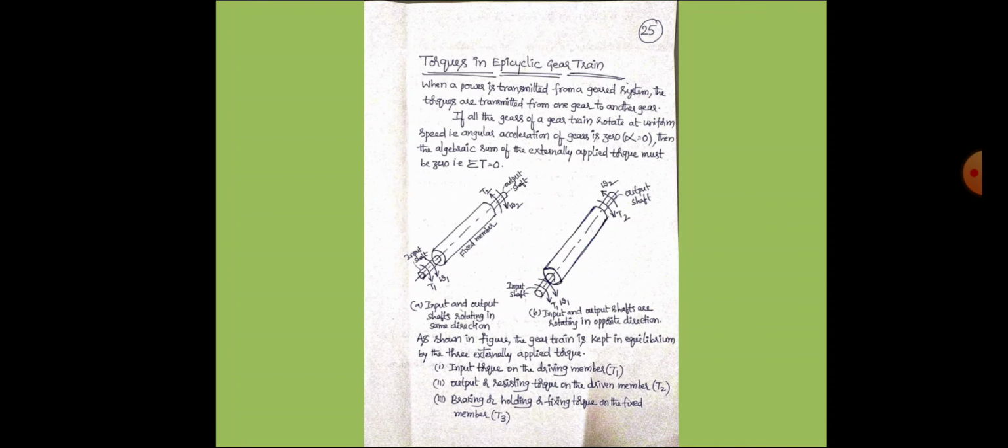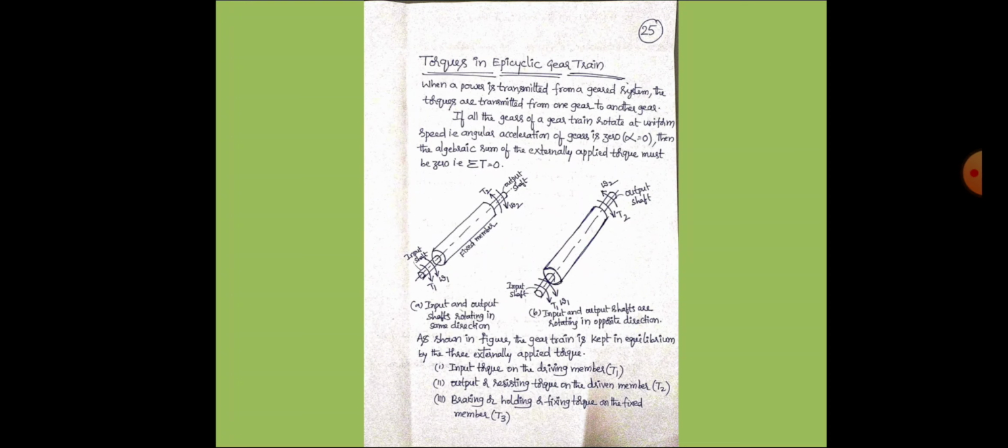So whenever the two shafts are rotating in the same direction, the torques will be in opposite direction. See, T1 will be clockwise, T2 is opposite. Then when two shafts are rotating in the opposite direction, because omega 1 and omega 2 are opposite, in such case T1 and T2 will be in the same direction.